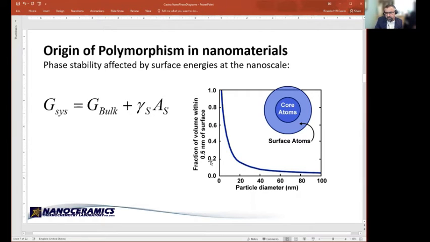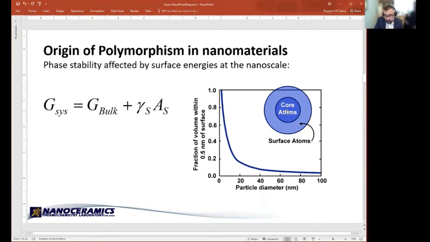Well, if you do a very simple geometric calculation of the fraction of volume of atoms within 1.5 nanometers of surfaces, and consider a particle where the surface atoms are those belonging to this 0.5 nanometer shell around the core, you realize that the fraction of those atoms, when sizes go below 20 nanometers, increases almost exponentially.